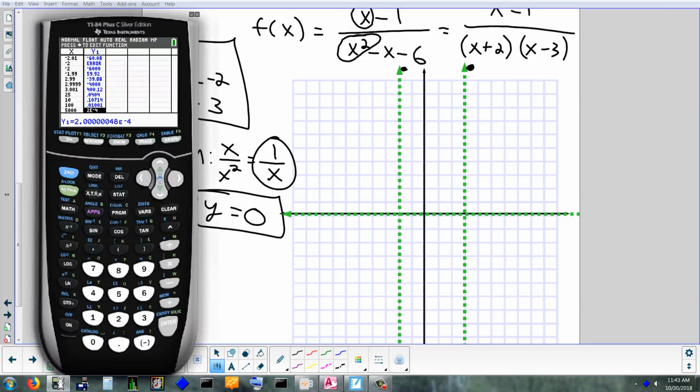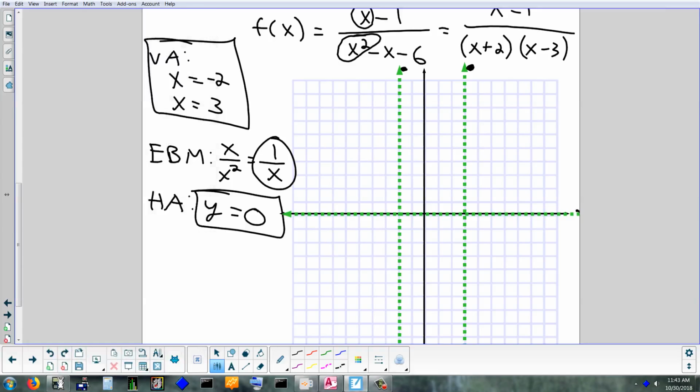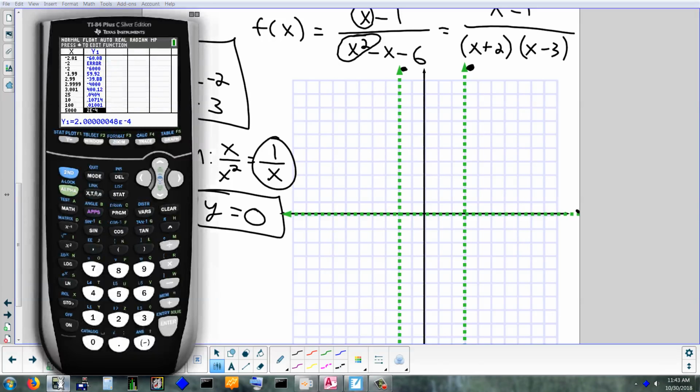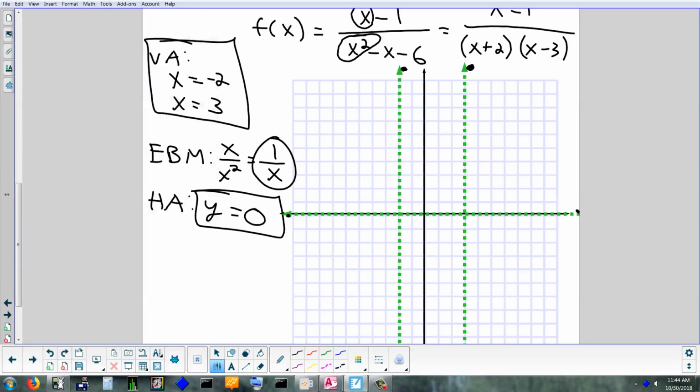So it's very, very small, but it's still a positive number. As you head further to the right, it's very, very small, but just barely positive. As you head further to the left, very, very small again, but just barely negative. So it's very close to this line, but just under it.